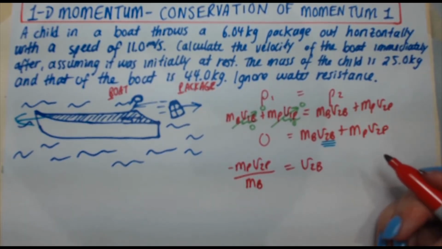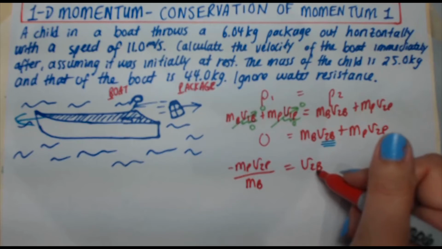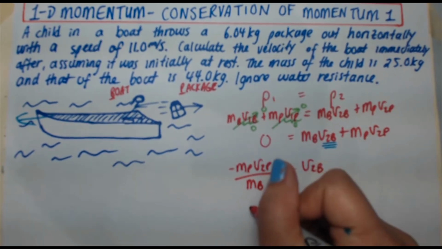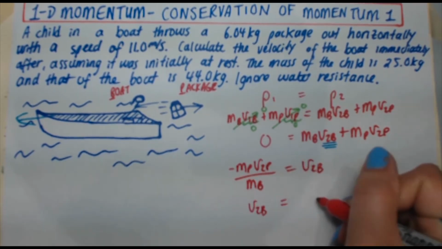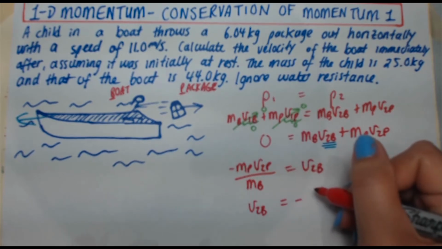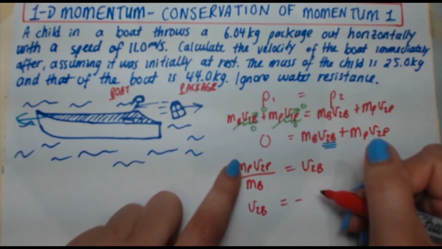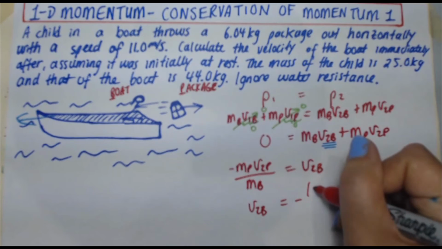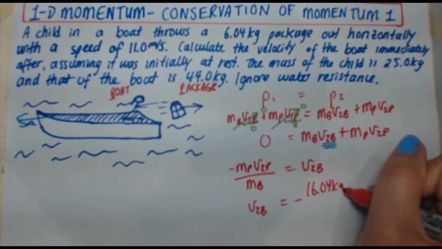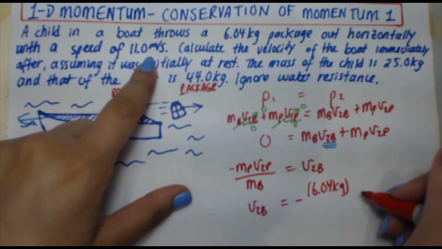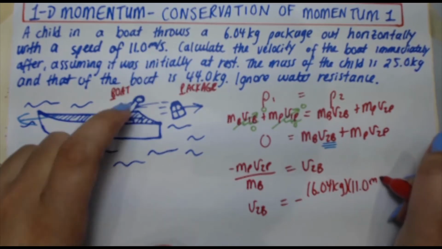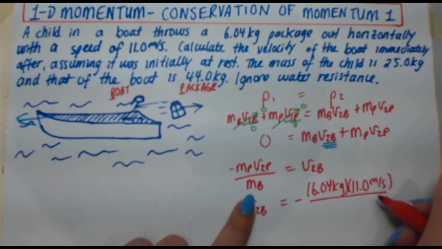So at this point, you just have to solve for your unknowns and plug in your values. I'm going to rewrite v2b on the left. So v2b is equal to negative the mass of the package, which they tell us is 6.04 kilograms, thrown out horizontally at 11.0 meters per second, divided by the mass of the boat.